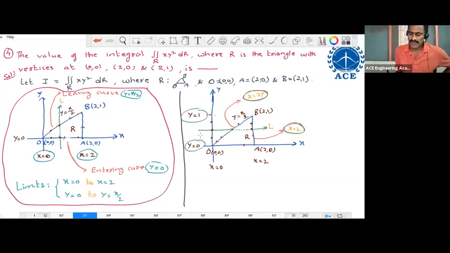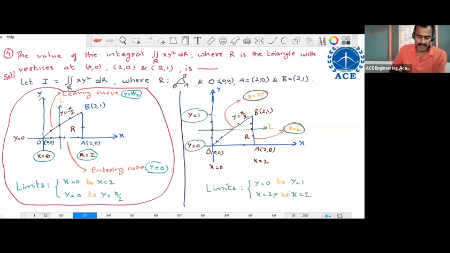These are the x limits, these are the y limits. Here the limits are y equal to 0 to y equal to 1, and x equal to 2y to x equal to 2. These are the limits.